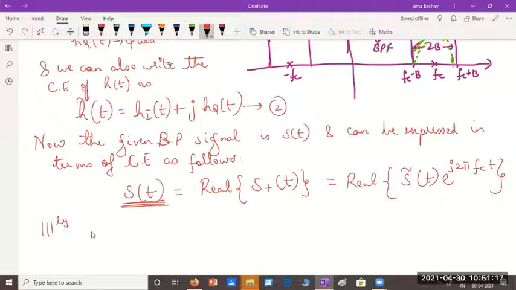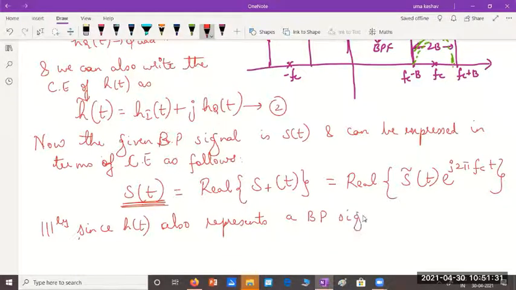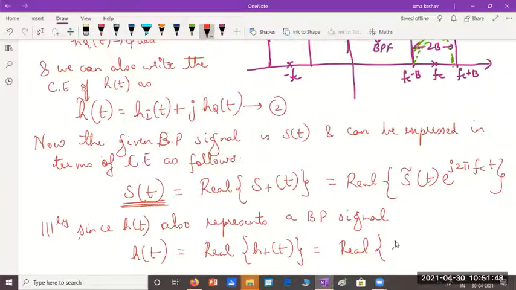Similarly, since h of t also represents a bandpass signal, I can write h of t also in this form: real part of h plus of t, where h plus of t is the pre-envelope, or real part of the complex envelope h tilde of t into e to the power of j 2 pi fct.